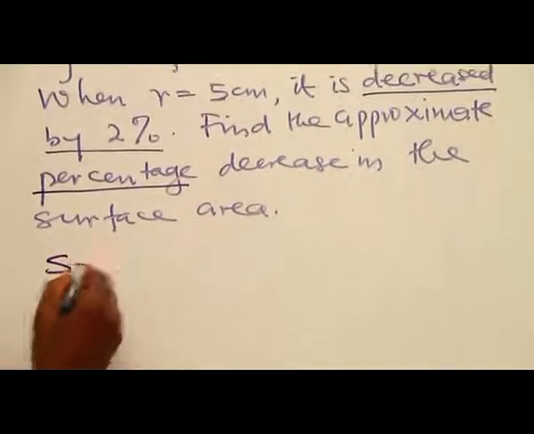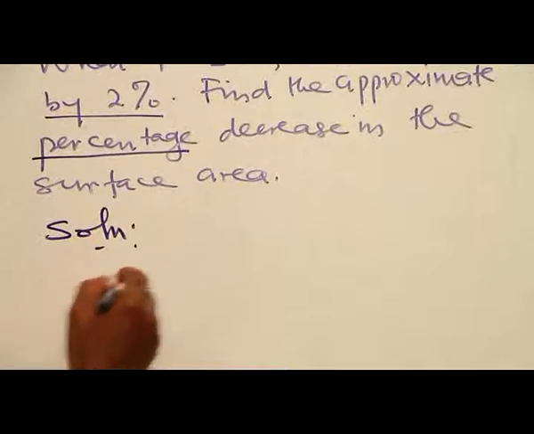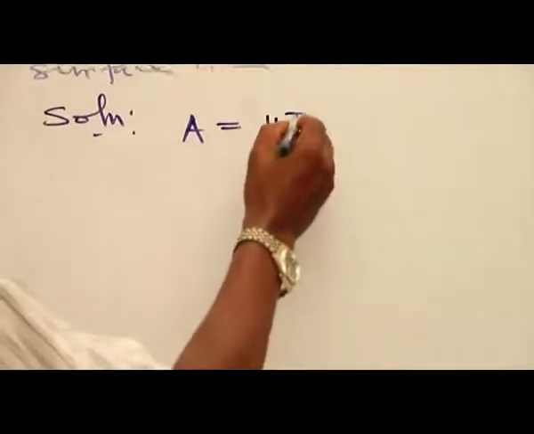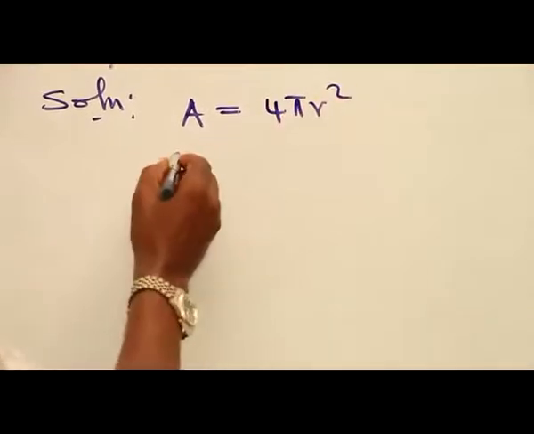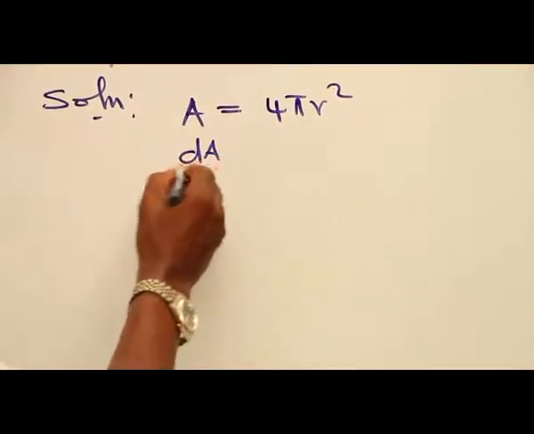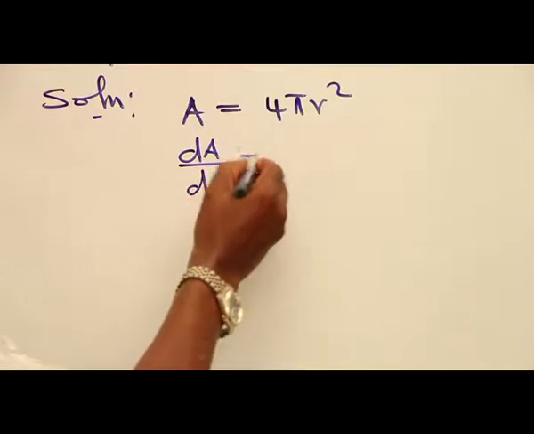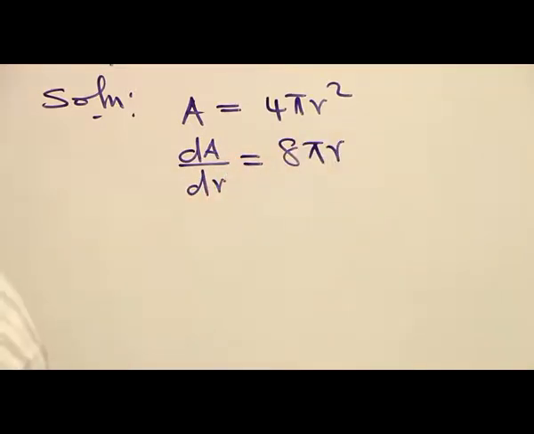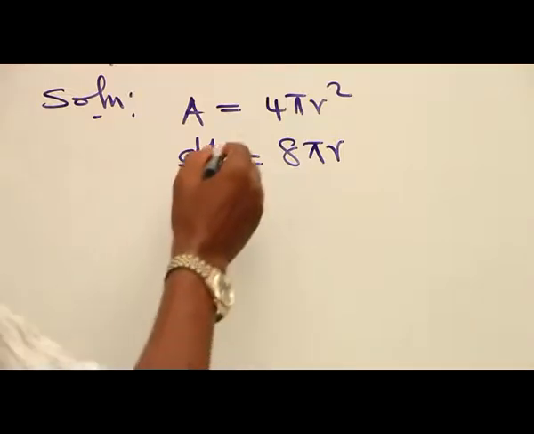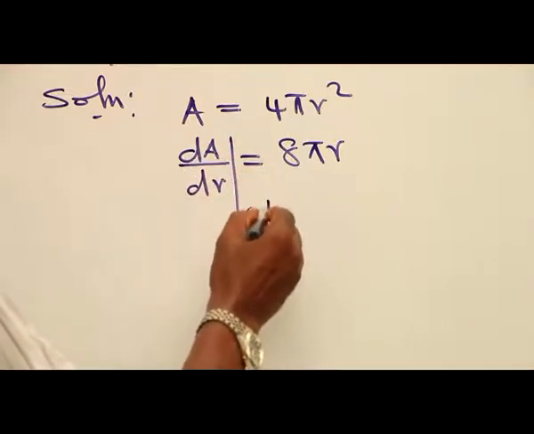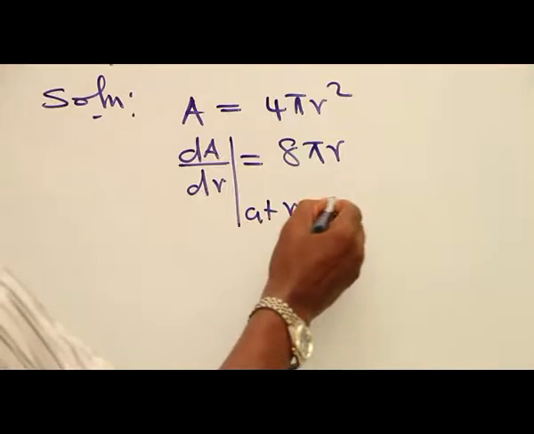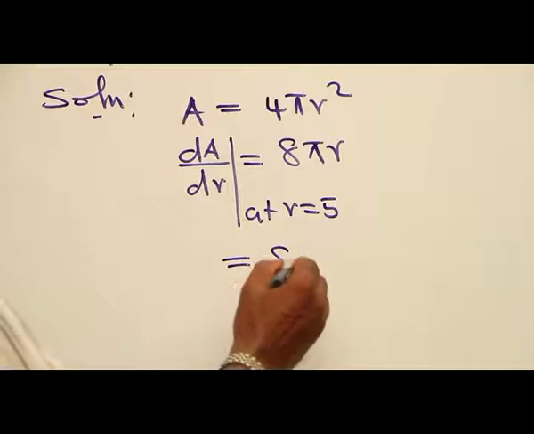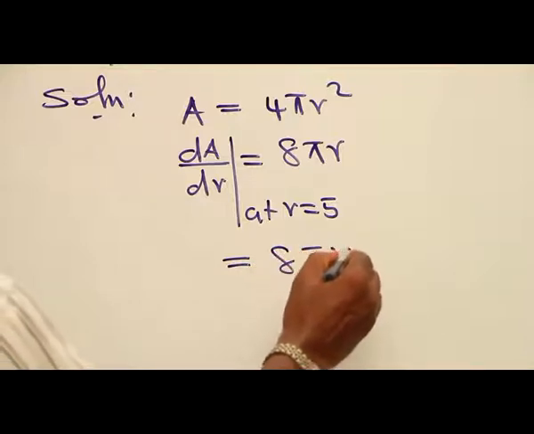Now, our solution, we have A is equal to 4 pi r squared. Our dA all over dr will be equal to 8 pi r. And of course, if we evaluate this at r equal to 5, the original value, we now have this to be equal to 8 pi times 5.